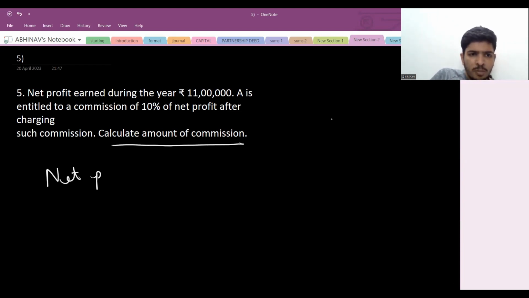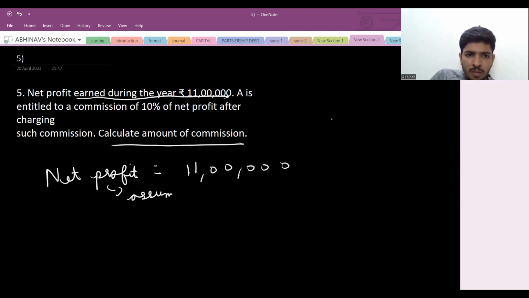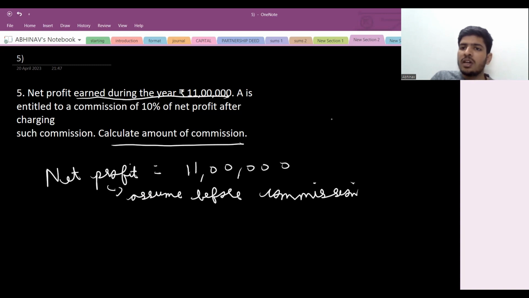Your net profit is 11 lakhs. Correct? Net profit is 11 lakh. And whenever it is net profit, we always assume it is net profit before commission. We assume that no expense that will come in the profit and loss appropriation is subtracted from the net profit.